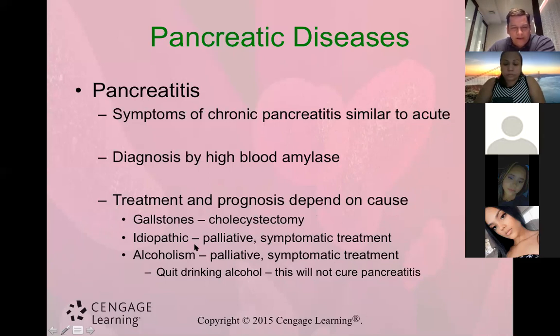It can be idiopathic, which can be treated with palliative symptomatic treatment, or because of alcoholism, which can also have palliative and symptomatic treatment. Another way to treat pancreatitis because of alcoholism is quitting drinking alcohol. This will not cure pancreatitis, but it can help.